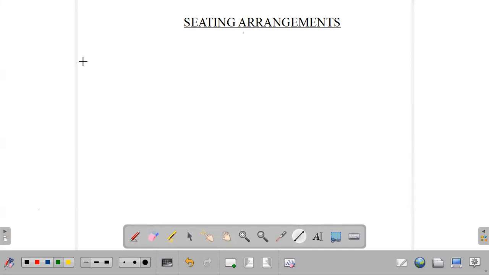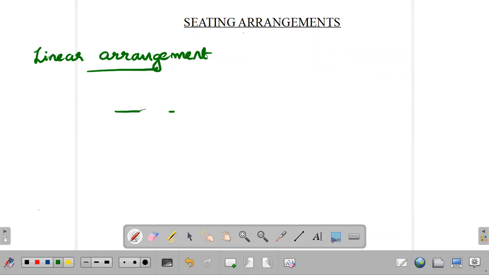So let us consider something based on the linear arrangement. Please take notes. Consider an 8-seater, 1, 2, 3, 4, 5, 6, 7, 8.